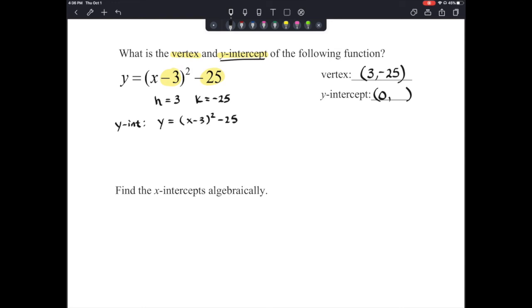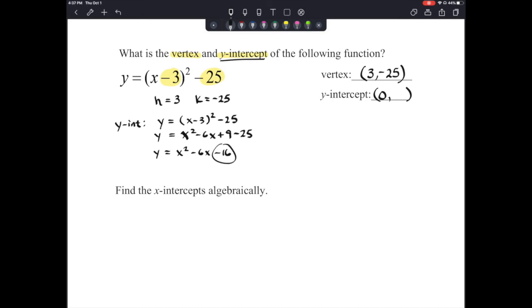This is a very easy one to simplify. We have x squared minus 6x plus 9 minus 25, and that's going to give us y equals x squared minus 6x minus 16. So we would say the y-intercept is negative 16.